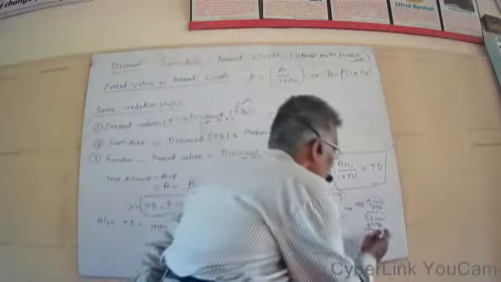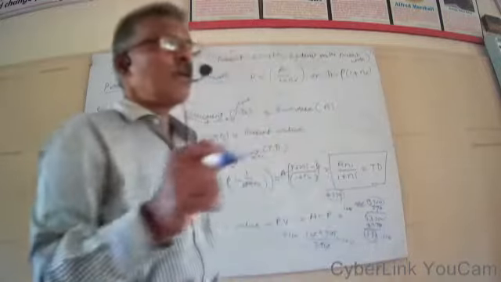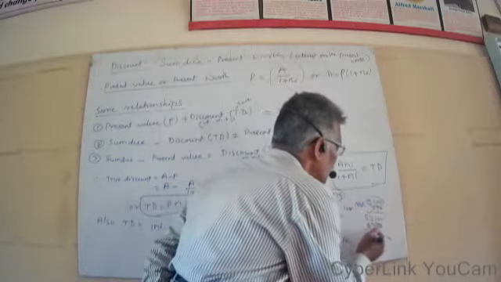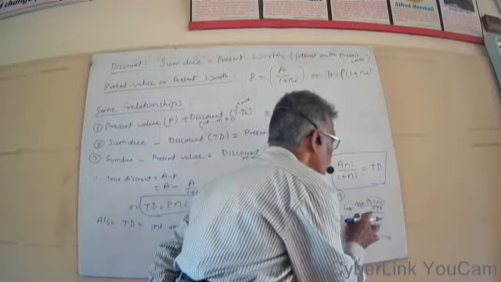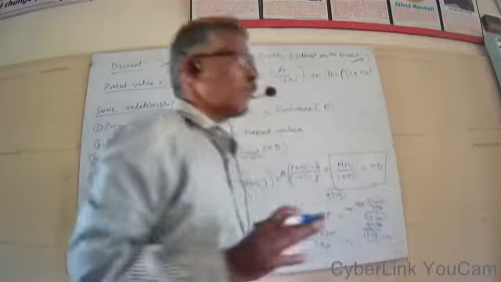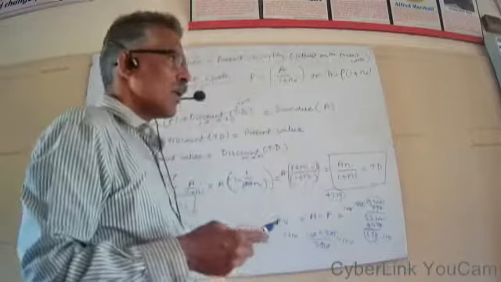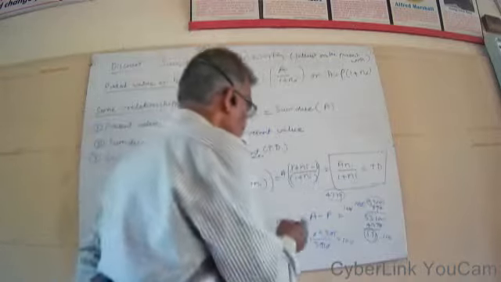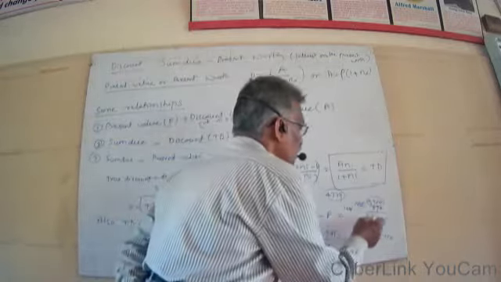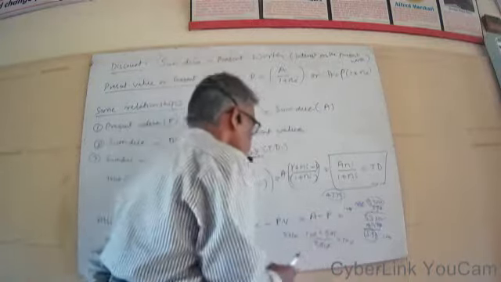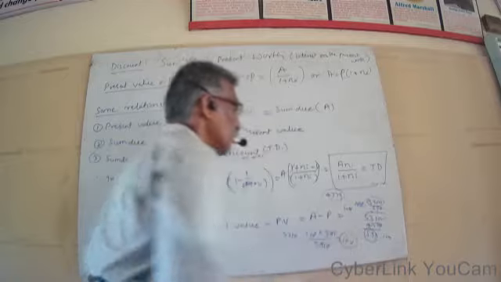So the difference is 531 rupees. This 531 rupees is the discount for 5,310 rupees. So according to the rule of three, for 5,310 rupees the discount is 531. Therefore for 100 rupees, this is the value.